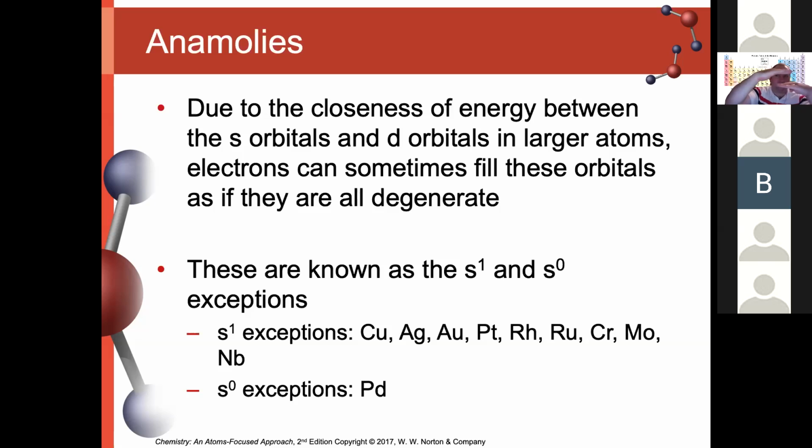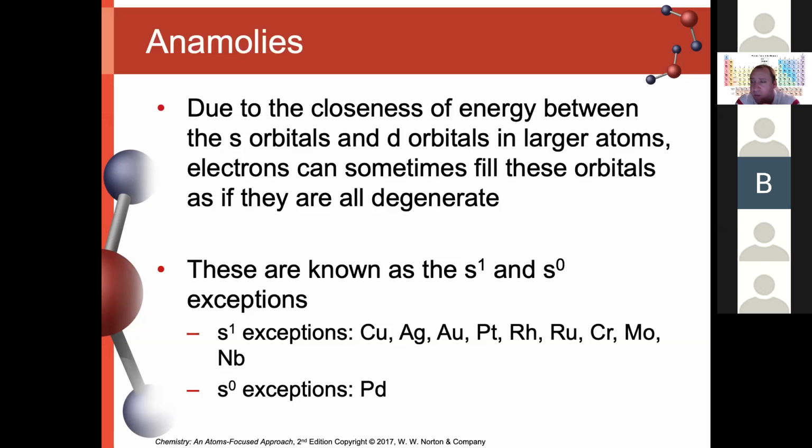Because those energy levels are actually quite close to each other in energy, there are occasions where the 4s, which is usually lower in energy, and the 3d, which is usually higher in energy, actually will either even up or actually flip in terms of their energetics. And so what happens in those circumstances is we see electron migrations. An electron, since it's now beneficial to go into the d orbital, is going to go into a d orbital instead of an s orbital.